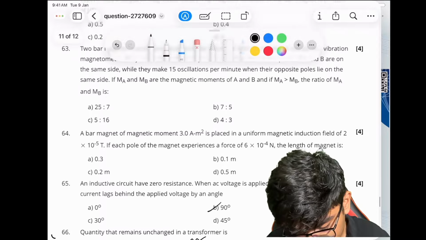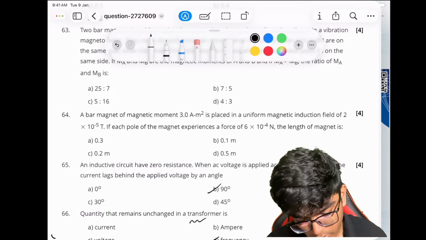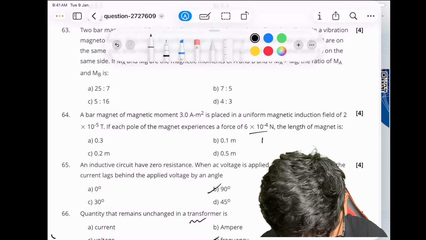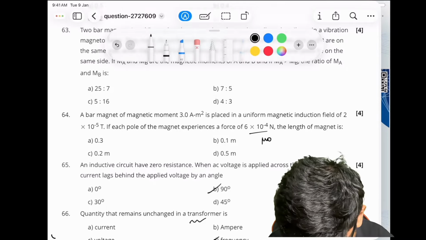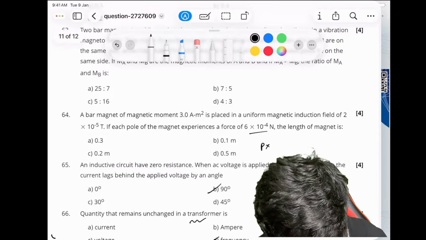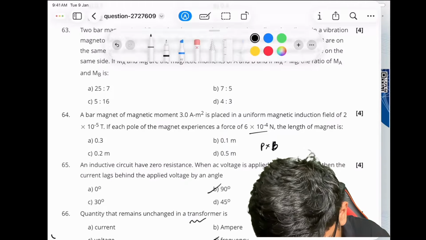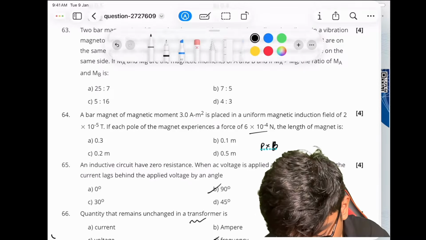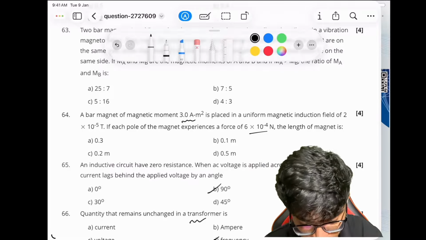Fine. A bar magnet has a magnetic moment of this much, placed in a magnetic induction of this much. Force experienced is nothing but P cross B, basically P into B. Magnetic moment is given. Divide by length, you'll get pole strength.